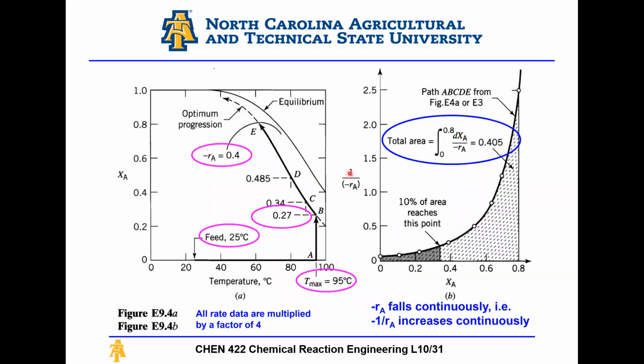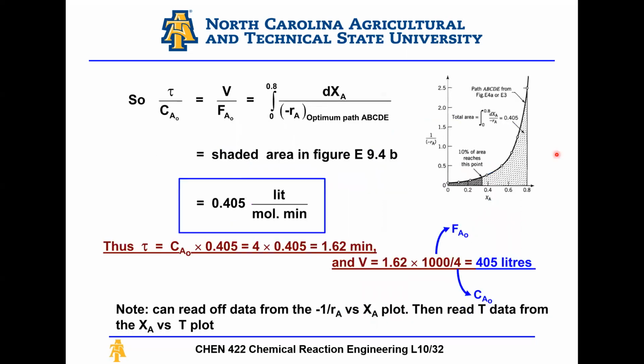Then I'm going to plot 1 over minus RA versus XA, as you see here. Once you have this plot, I'm going to integrate the area underneath the curve to get the volume of the reactor, right? And this is what we did here. We integrated the area under the curve to get V over FA naught of 0.405.